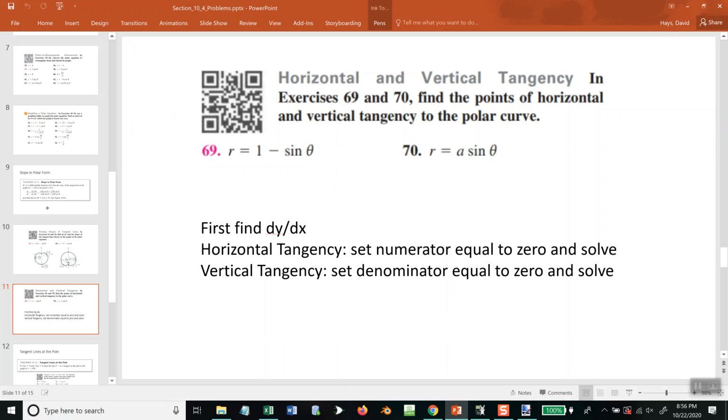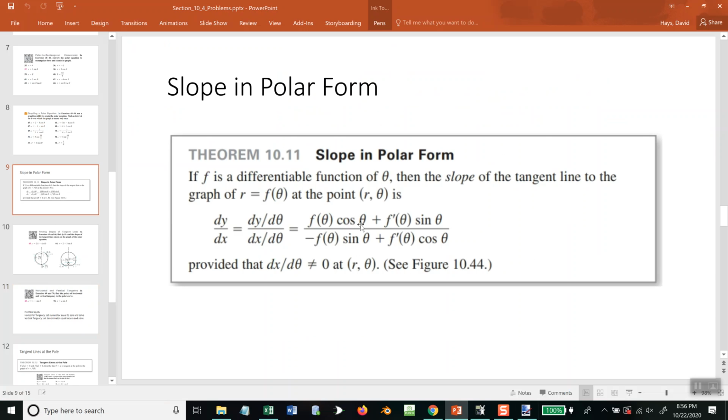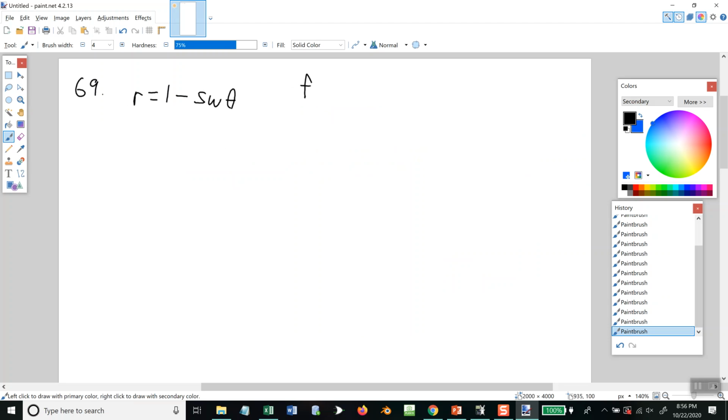this formula right here. So you find this. f of theta is equal to 1 minus sine theta. f prime of theta is going to equal negative cosine theta.